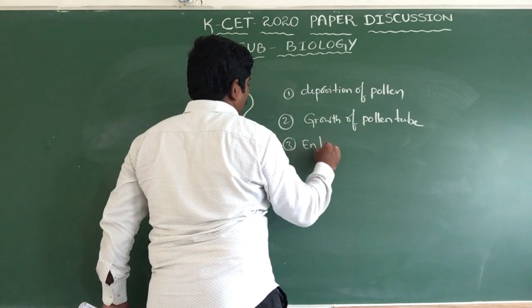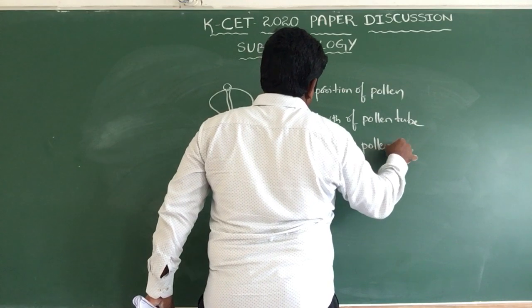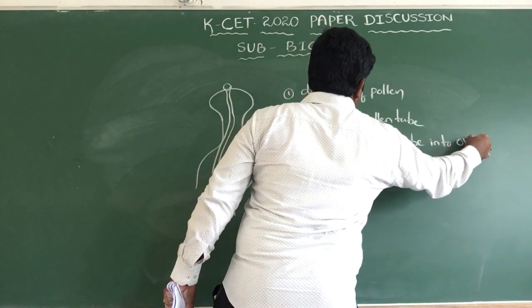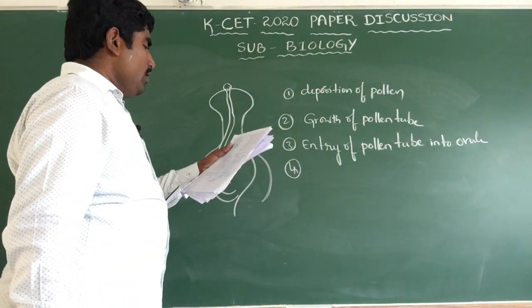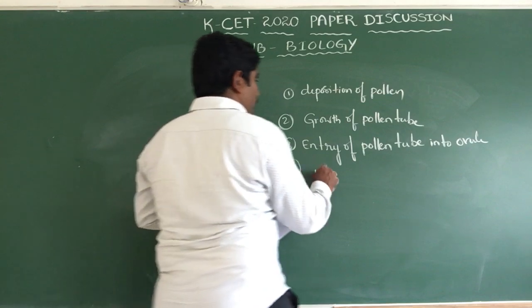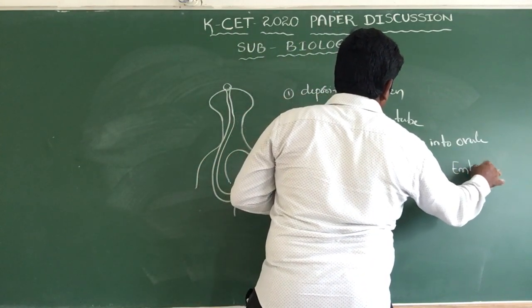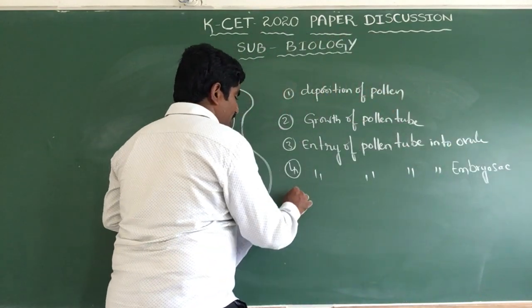Entry of the pollen tube into the ovule, and the fourth one is entry of the pollen tube into the embryo sac. First the ovule, then the embryo sac. First it has to enter the ovule because the embryo sac is last.